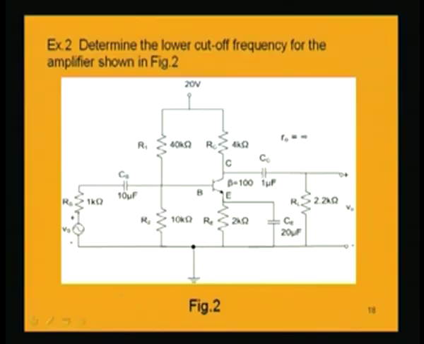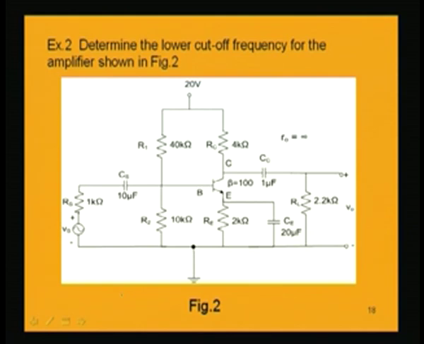We have to find out in this circuit the lower cutoff frequency for the amplifier. I am going back to the amplifier again, and I want to do an example which has all the capacitances, and find what will be the lower cutoff frequency for this amplifier.